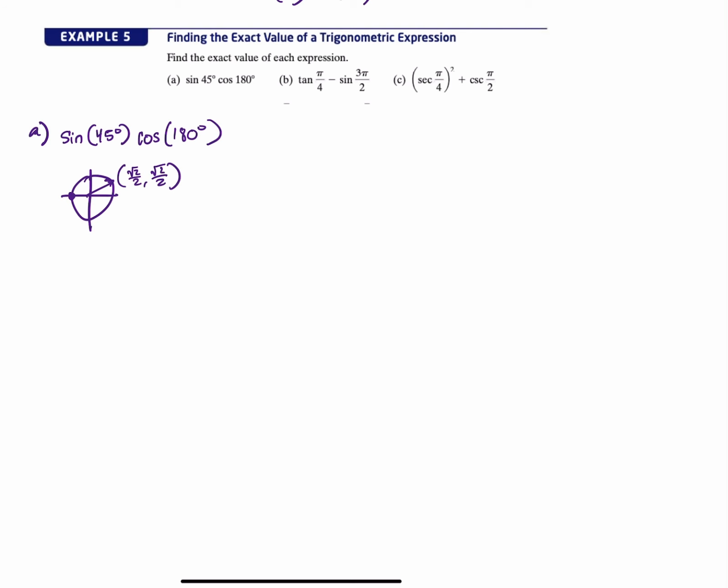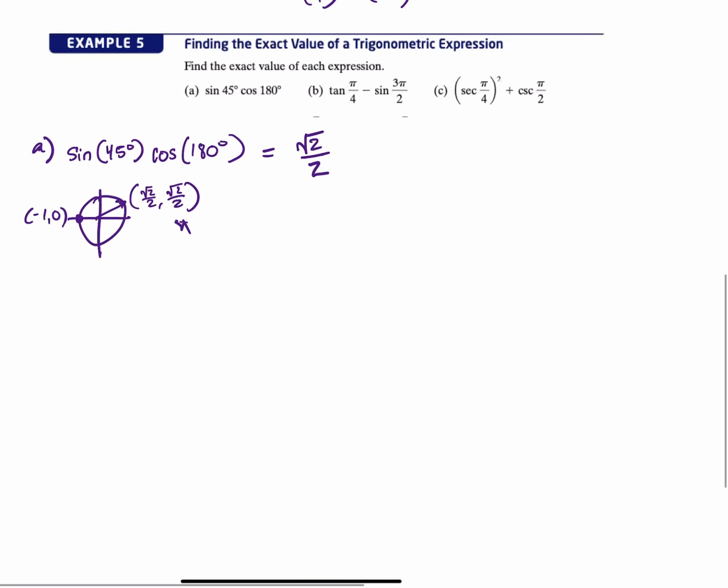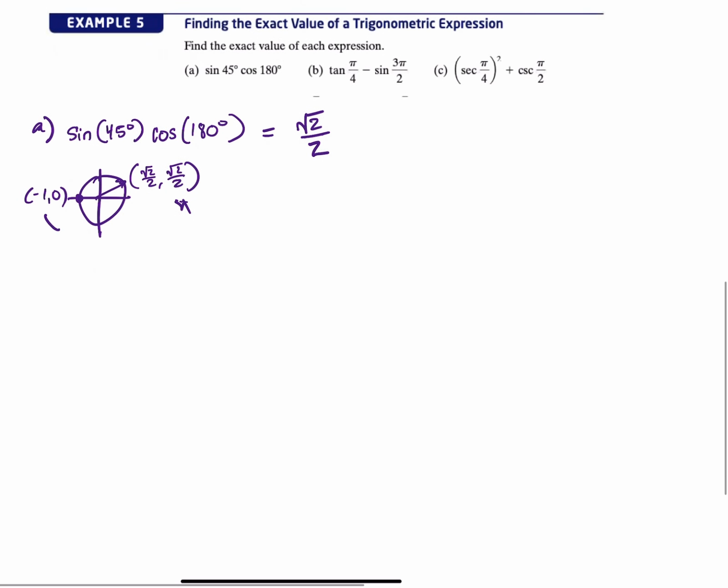And then 180 is over here at negative 1, 0. So the sine of 45 is positive root 2 over 2. So this should be equal to positive root 2 over 2 times the cosine of 180. Cosine is the x-coordinate, so times negative 1. So this result should be negative root 2 over 2.